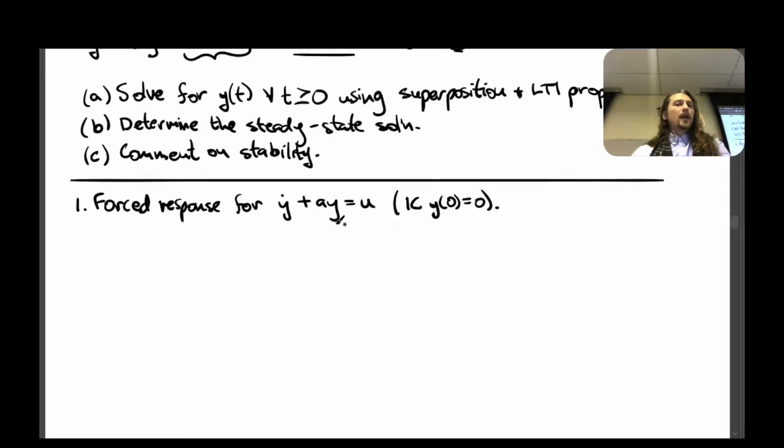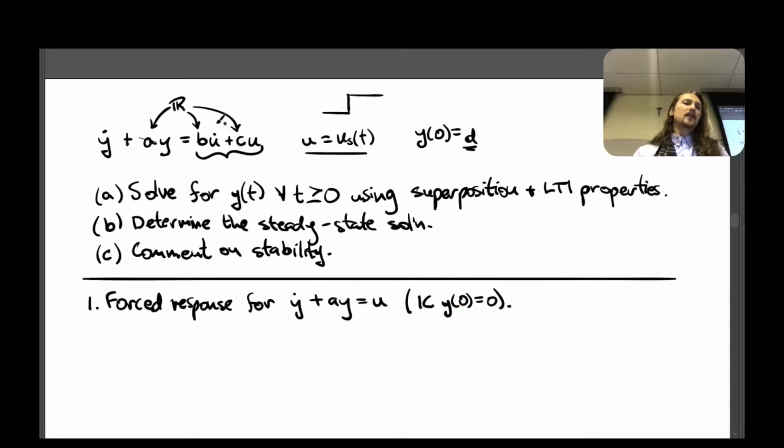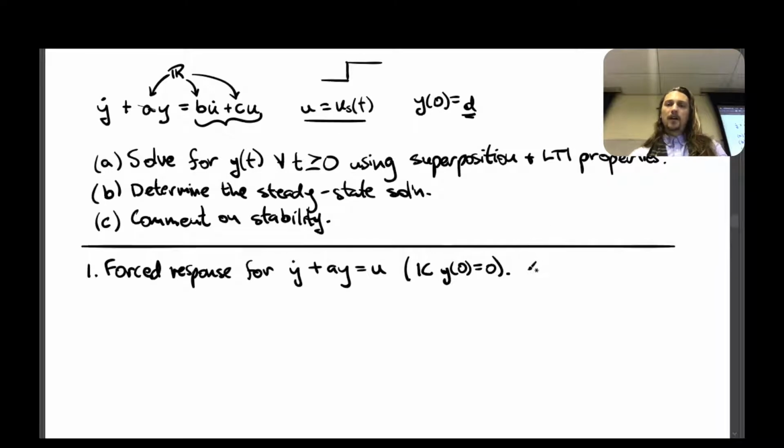This forced response is a lot easier to find directly than the whole forced response, right? So we'll use superposition to find the entire forced response in a moment. Let's call what we're looking for y forced response.